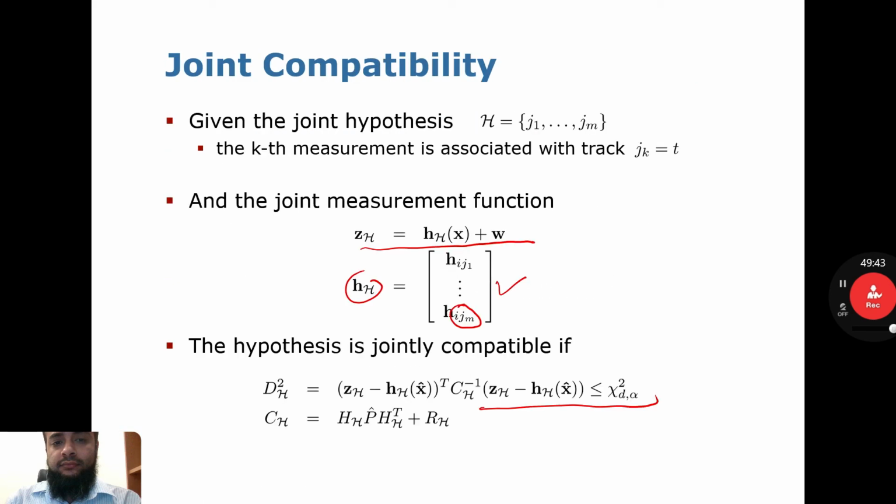The z is this equation, and the covariance is this one and also this one, and this is some threshold, a chi-square distribution threshold. This is the Mahalanobis distance. If this distance is less than this threshold, the joint measurement is selected, or the joint measurement association probabilities.